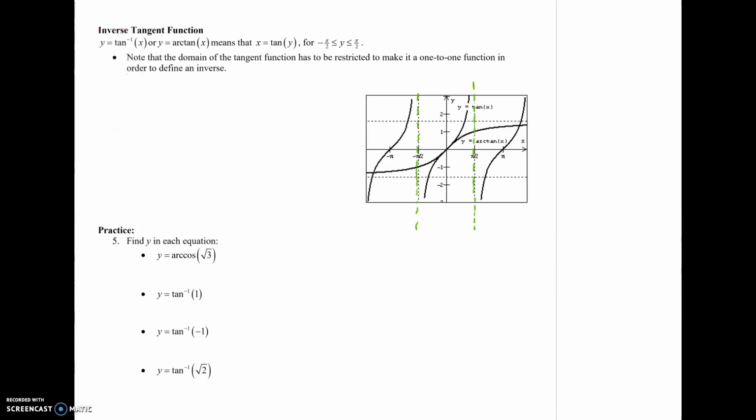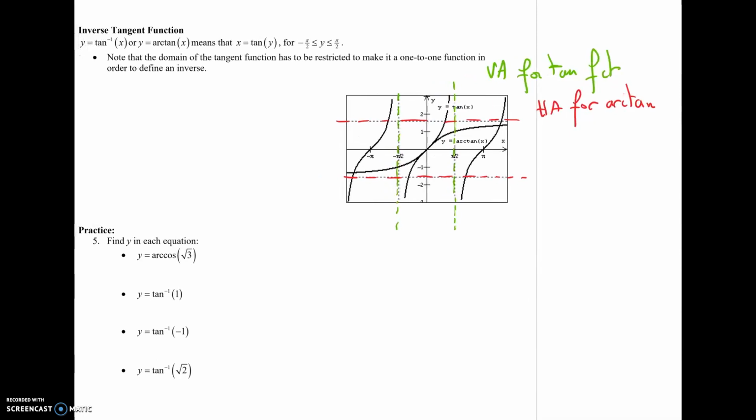There we go. Vertical asymptotes for the tangent function. And these vertical asymptotes for the tangent function are going to be transformed into horizontal asymptotes for the arc tangent.